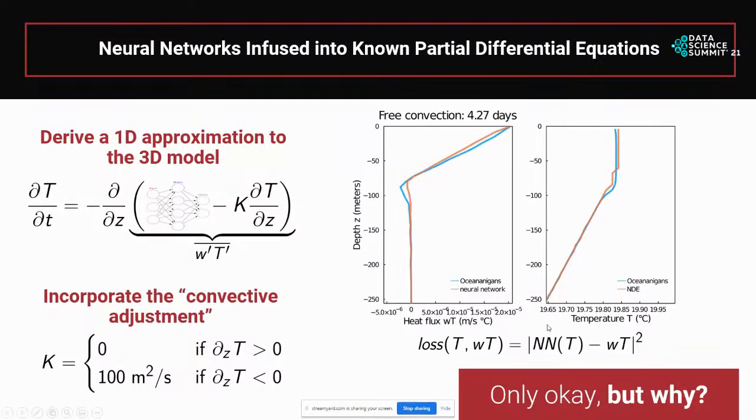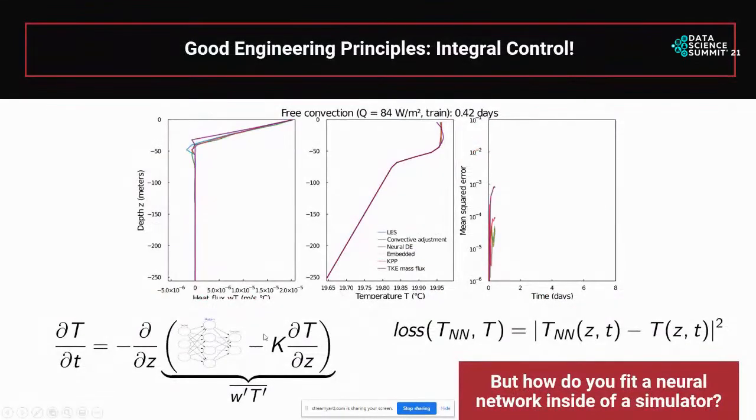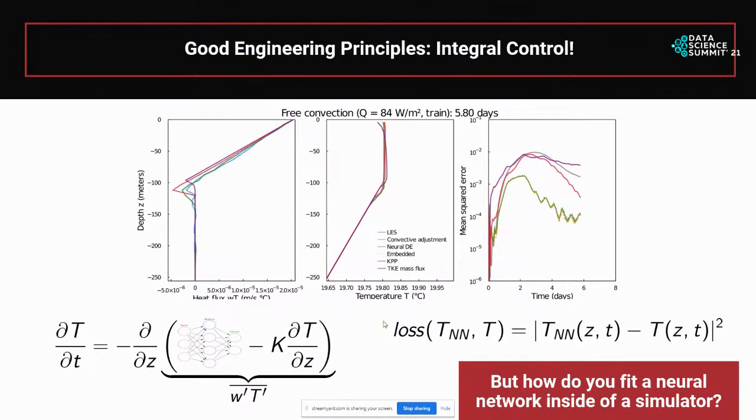So if we move our loss from the neural network itself to instead solving the partial differential equation and putting our loss function on the solution of the partial differential equation, then we're doing integral control, which we know from good engineering principles just gives you better results. And that's what ends up happening here.